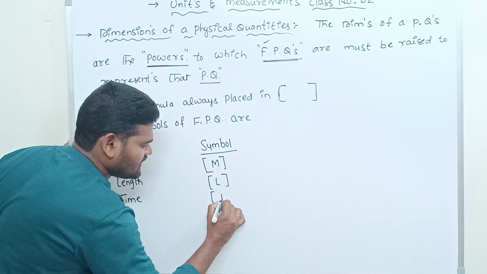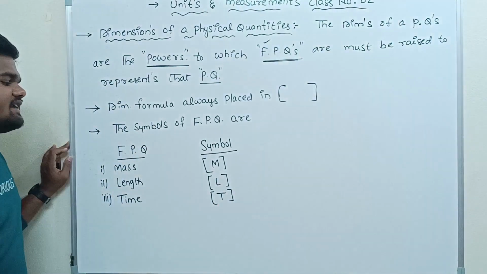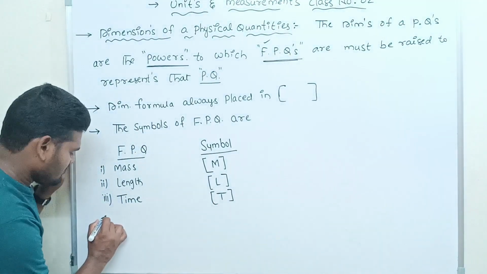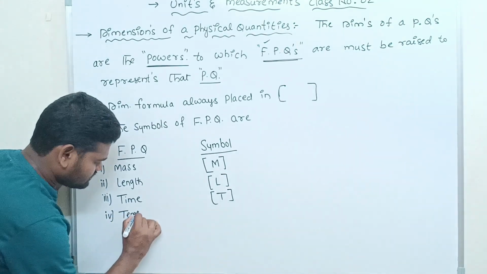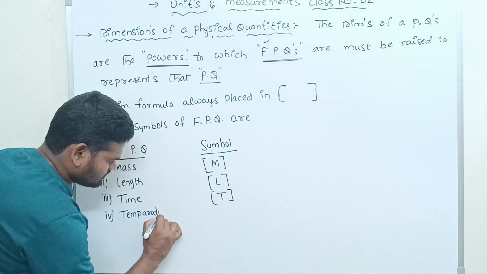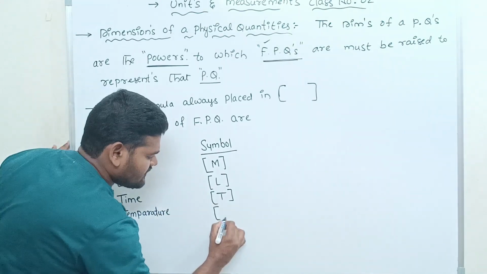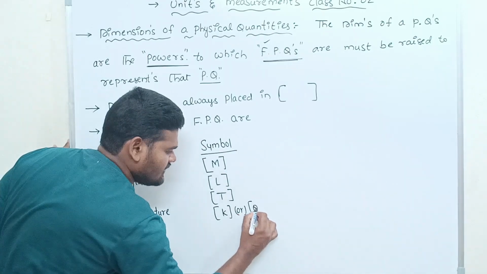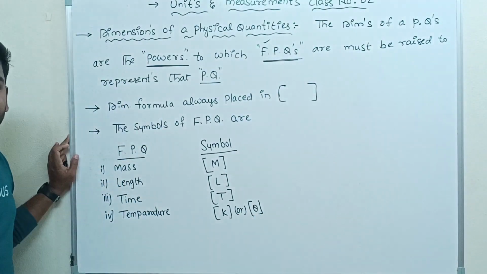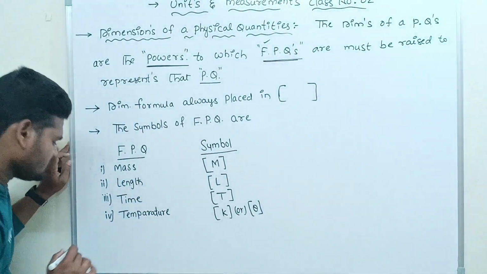For time we have to take capital T as a dimensional symbol. Fourth one, temperature. For temperature we have to use capital K or theta. K or theta, both are dimensional symbols for temperature.